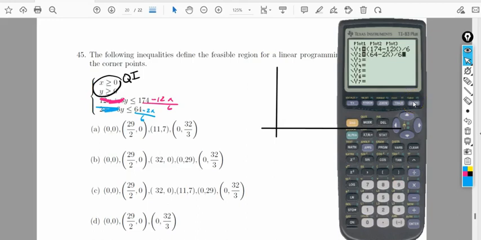So let's change this window because I'm only interested in the first quadrant. I might take my x max to 30 and my y max to 30. Okay, I'm going to have 2 lines, and they're going to look something like that.